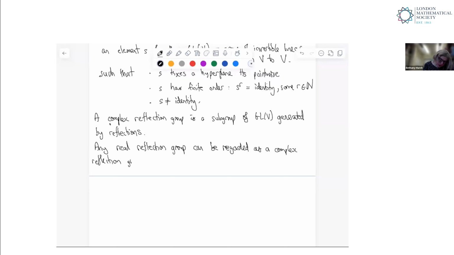You could do that more algebraically if you want, by tensoring with the complex numbers. So instead of working with the Euclidean space R to the n, you would work with C tensor R to the n, which would be isomorphic to C to the n.